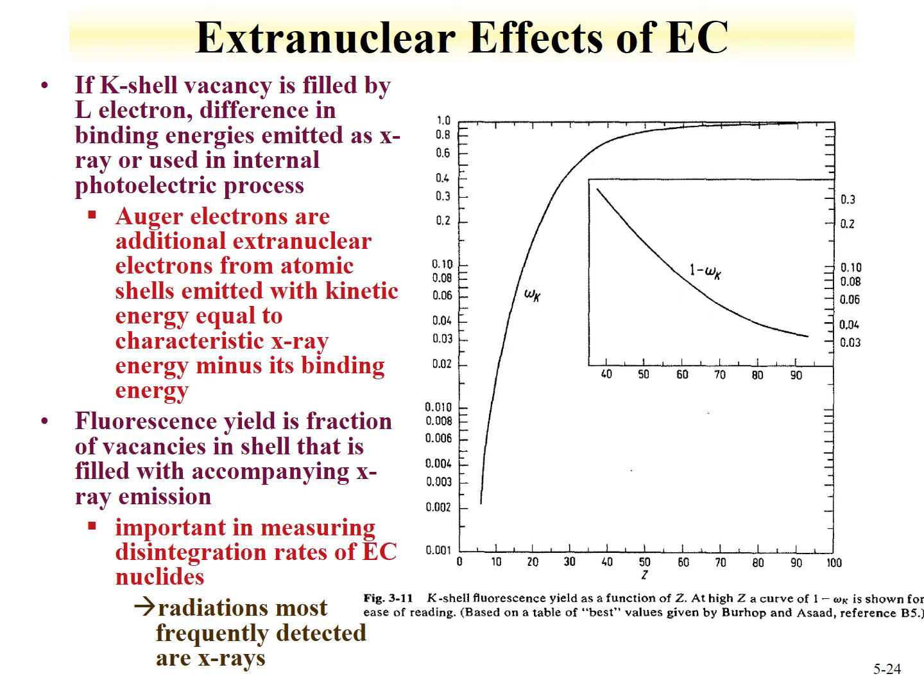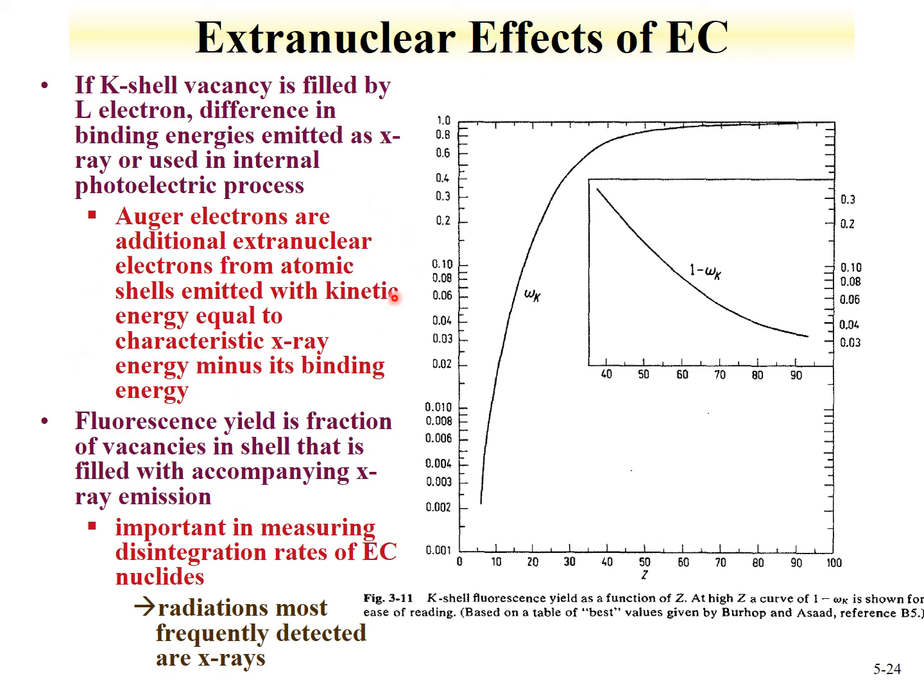Now there's also a decay effect related to electron capture, where if an electron capture occurs through the K-shell, a vacancy is formed and it's filled by an L electron. When that L electron goes down, there can be an X-ray emitted, or there can be other processes to de-excite that nucleus. One is the emission of Auger electrons.